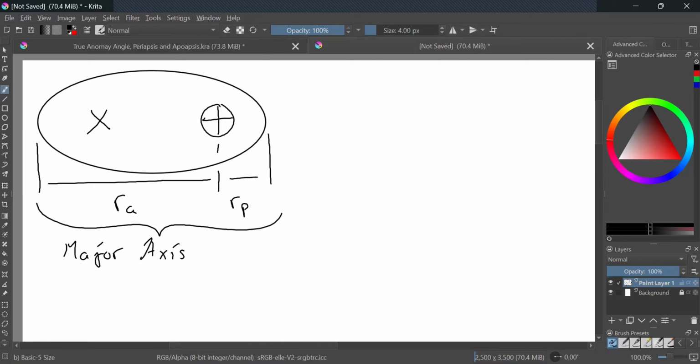However, over here in ellipse land, we don't care about the major axis as much as we do the semi-major axis. And as the name suggests, that is just going to be half of the major axis. Mathematically, our apoapsis and our periapsis radii, and that gets divided by 2.